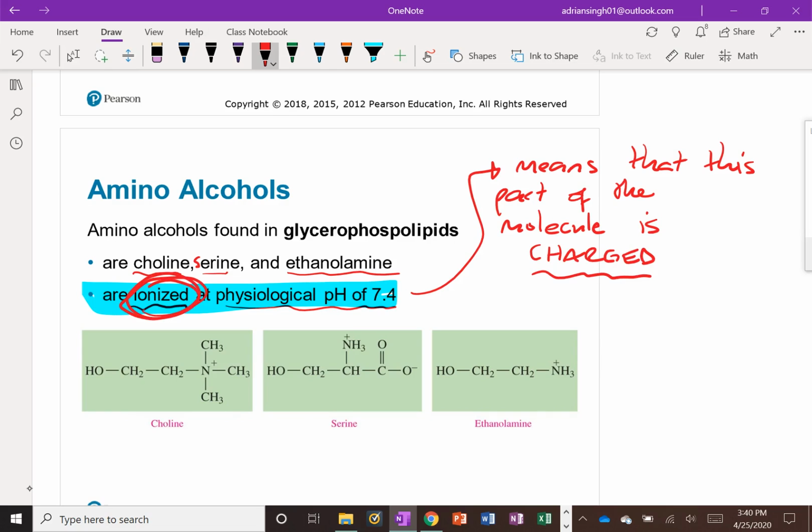Ions, if you remember, are things that have charges associated with them. So if you look at your structures here for choline, serine, and ethanolamine, you'll see that they all have that positive charge in common.